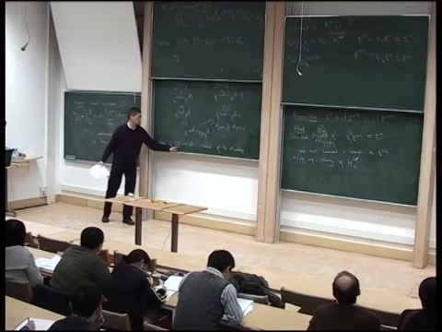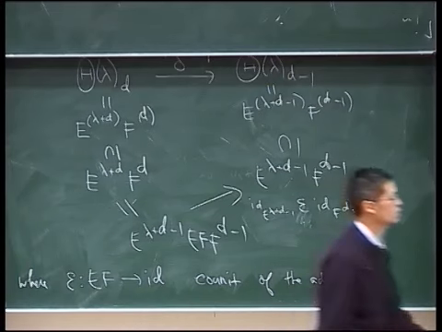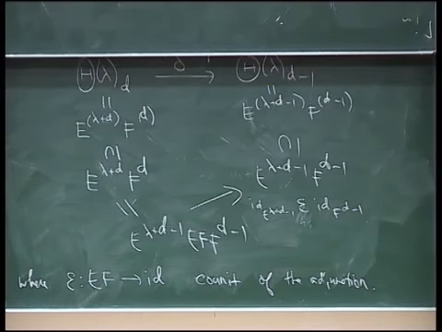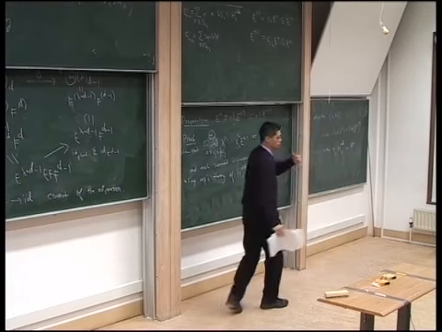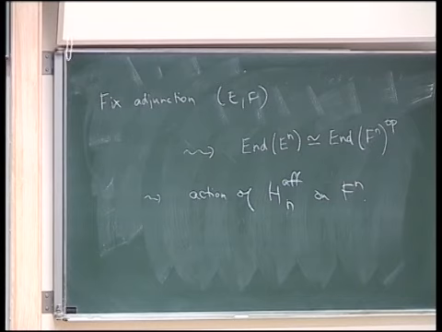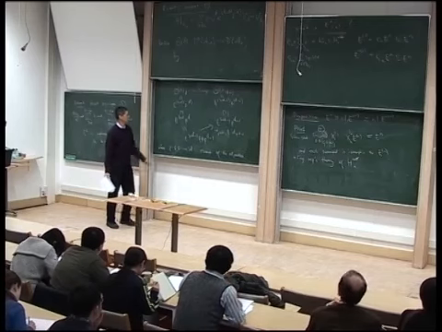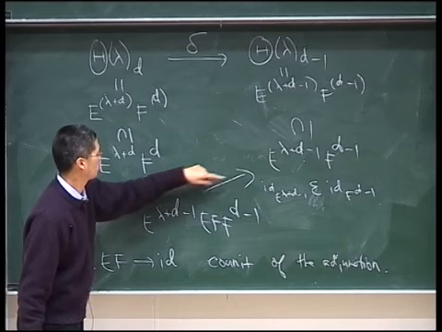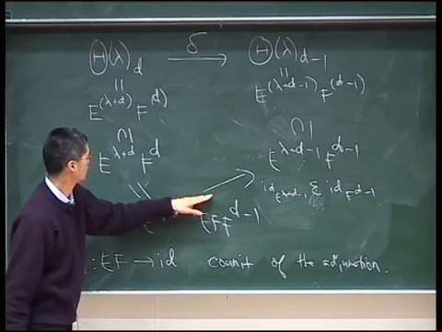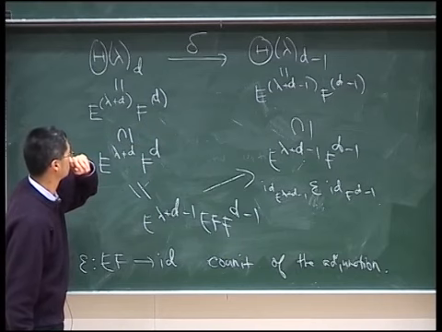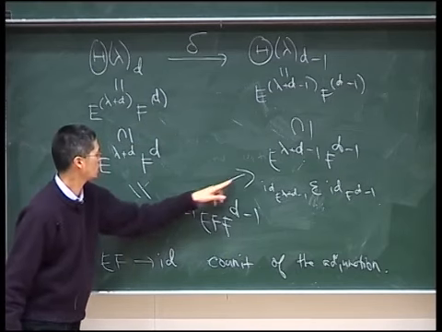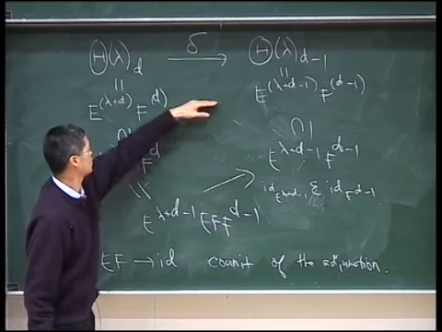And of course, you have to make sure that this adjunction is the same one that you used to relate the actions of the degenerate affine Hecke algebra on E and F, or else this complex isn't going to work out. I mean, this map won't even be defined, because this one needs to be able to restrict. Oh, actually, I think this part is fine. It's easy to check that this thing actually restricts to these divided powers.